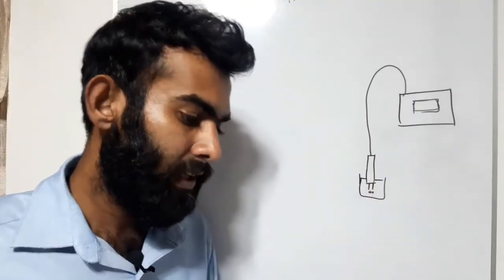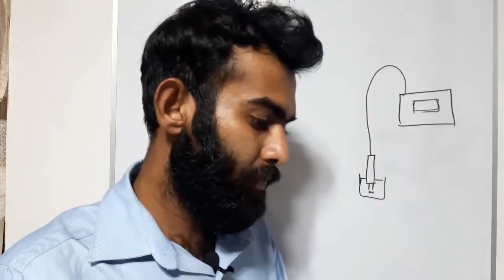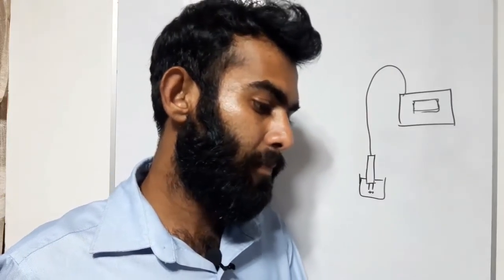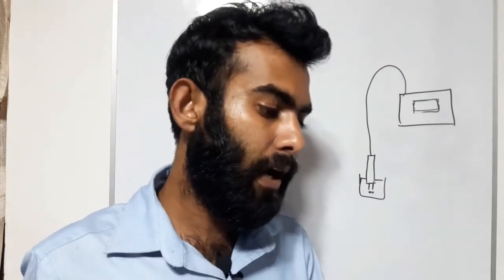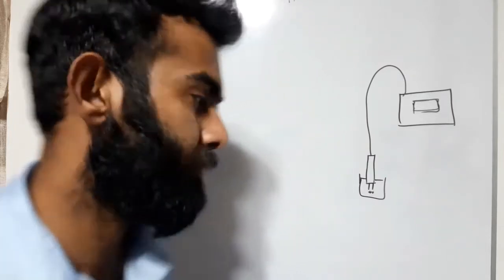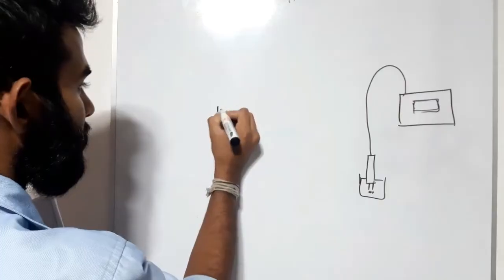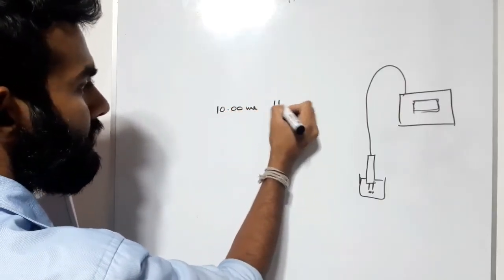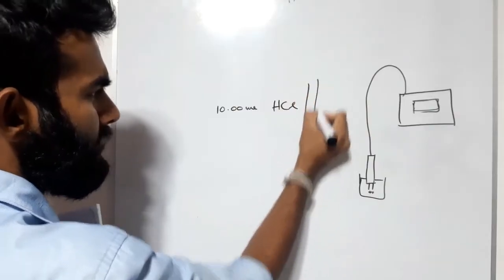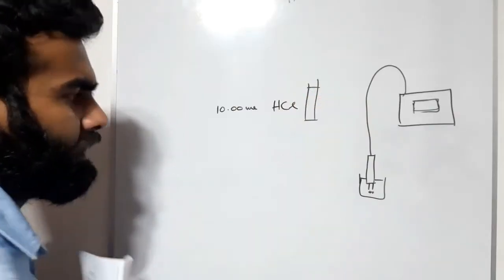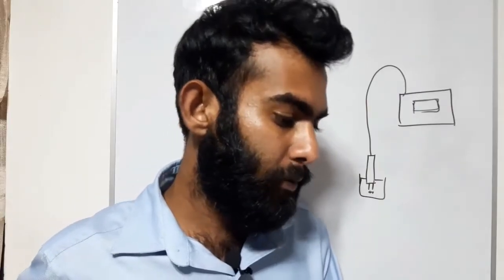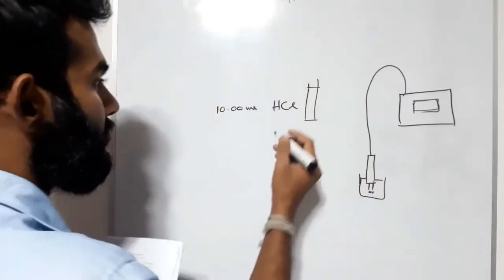Here we have provided 10.00 ml of 0.1 M HCl solution. Very small amount, 10 ml. We have to titrate it with sodium hydroxide.